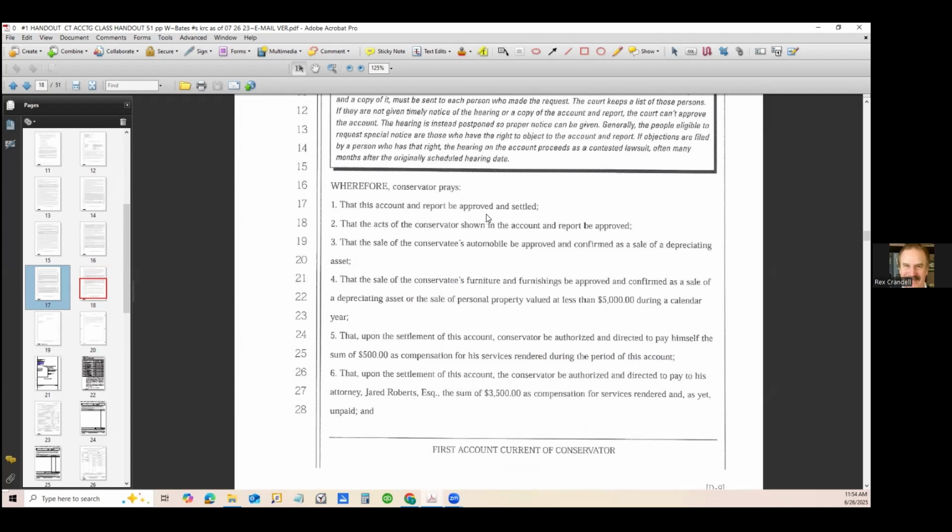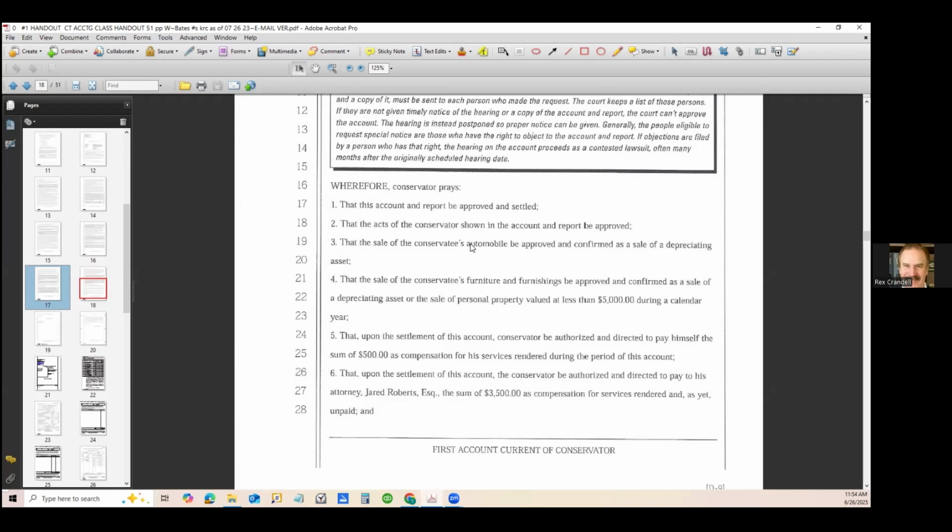So this account report be approved and settled. Southern California requires you to state the account period. The account period from March 8th through blah, blah, blah, be approved. All acts and accounts. So you must state the account period in there.